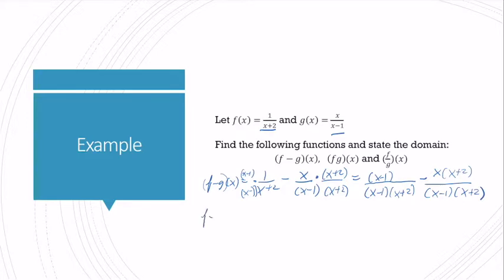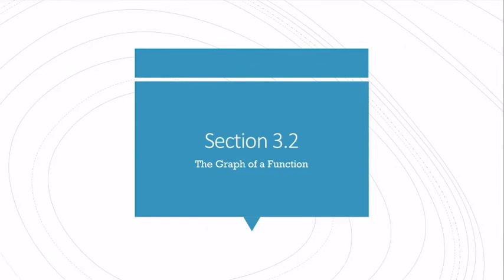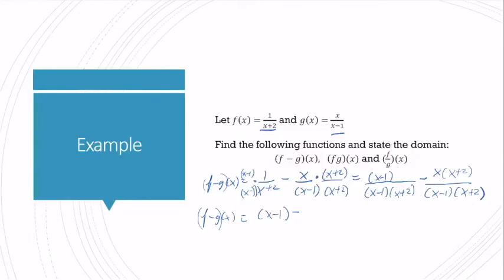So we can go ahead and simplify this. I've got x minus 1 minus, let's go ahead and FOIL this out. x squared plus 2x over x minus 1, x plus 2.